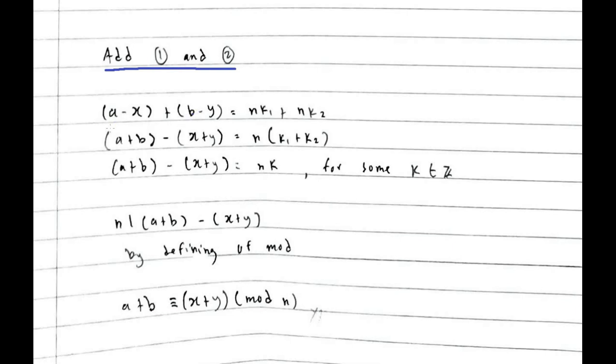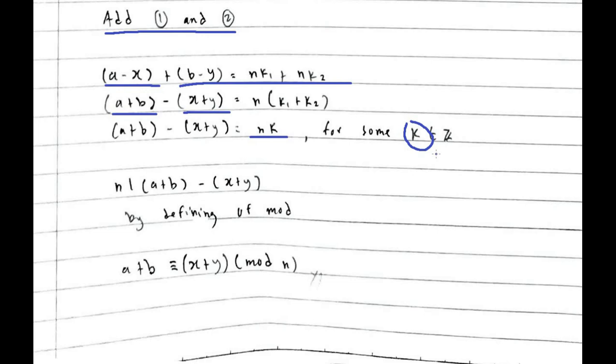After we add, we get this equation, and then we simplify it. We get a plus b minus x plus y equals n bracket k1 plus k2, and then a plus b minus x plus y equals nk, which is true for some k an element of the integers.